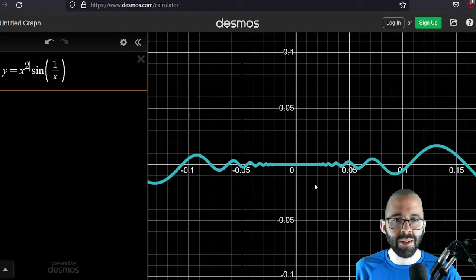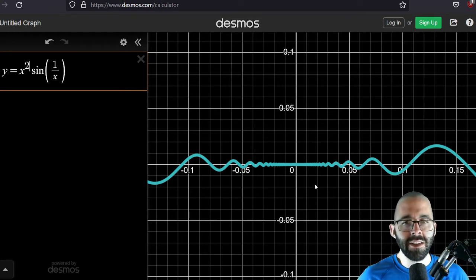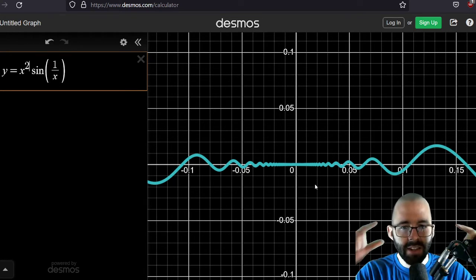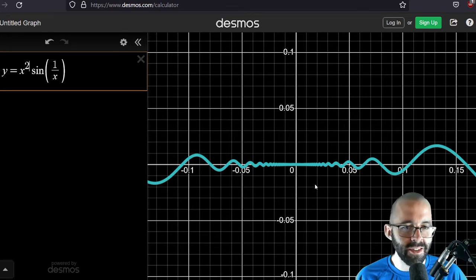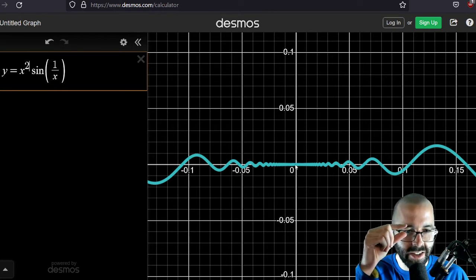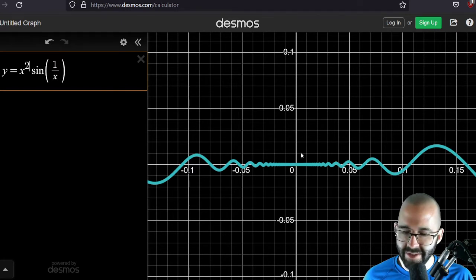So it's oscillating, but notice that the closer we get to 0, the smaller the oscillations become. So is there a limit? Kind of looks like there is, because it's getting smaller and smaller. Even though it's oscillating, it's still getting smaller and smaller and getting really, really close to 0.